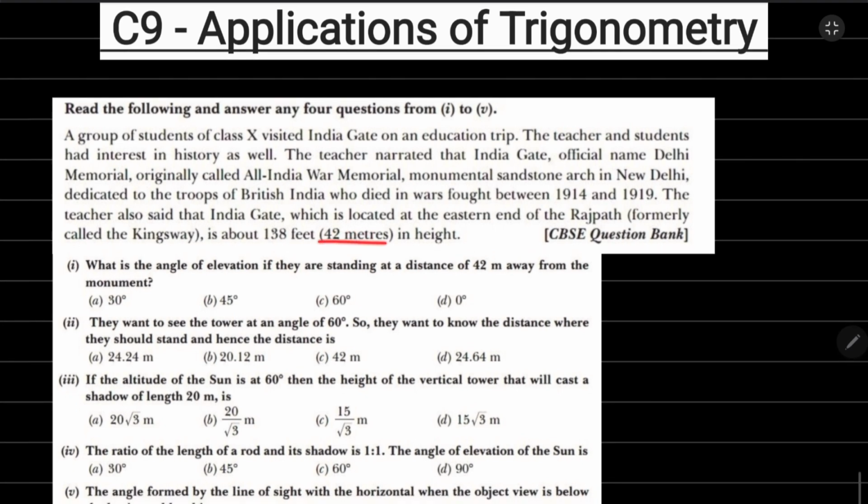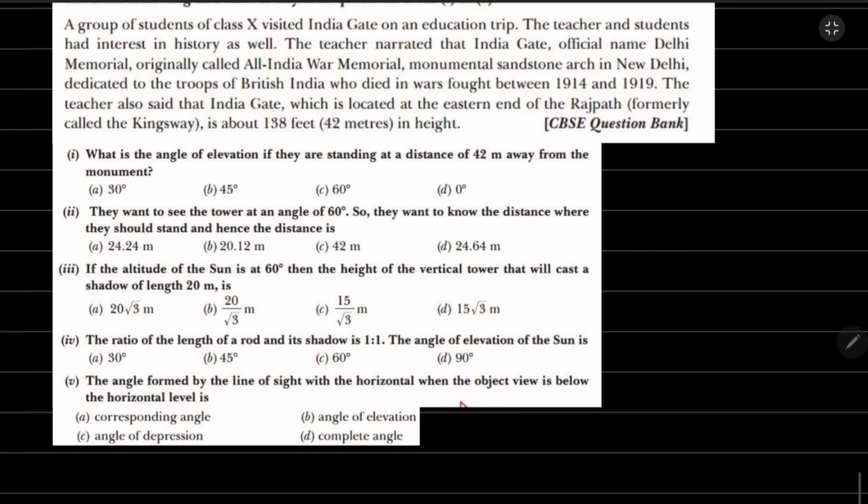So the students are there at India Gate, which is of height 42 meters. This is the more important point. The first question is, what is the angle of elevation if they are standing at a distance of 42 meters away from the monument? Now this is something which you can do without even doing much.